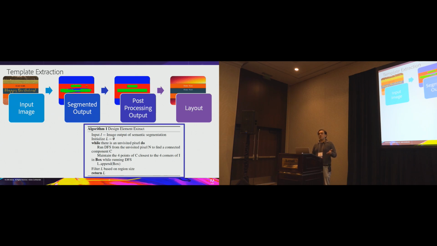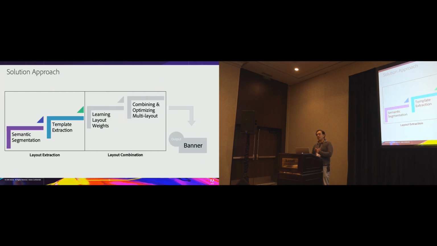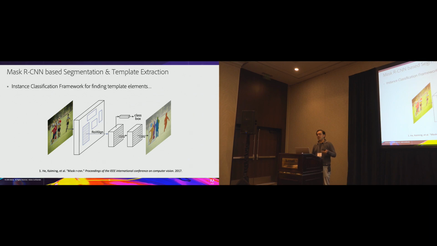Well, this was one way of solving it. Once we had this approach, we wanted to explore whether there are other ways of looking at and formulating this problem. It looks like we can. Because this was a two-stage process, where we do a pixel-wise identification of what those pixels were and then process it to identify the templates, an alternative is to combine the two, which you can formulate as an object detection problem, where we used Mask RCNN to combine the two steps and identify the different parts of the image that constitute the layout.